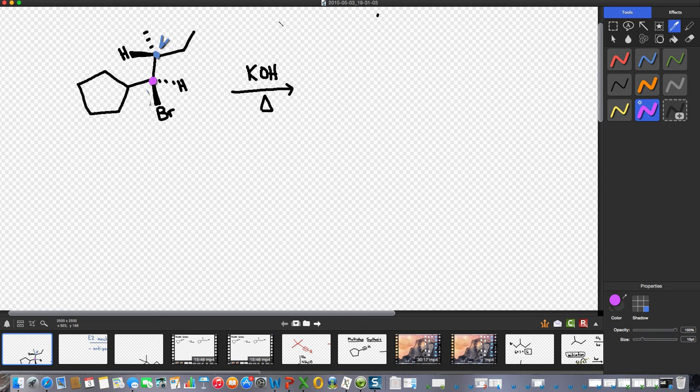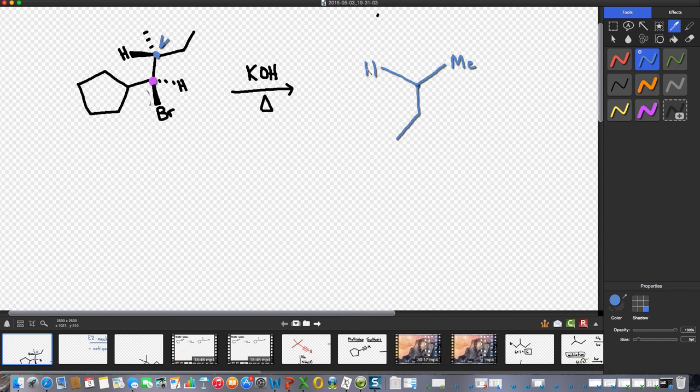So when I look down this bond axis, what we should see on the front carbon: the ethyl group is in the plane, and we should see the methyl group up and to the right. Hydrogen up and to the left.